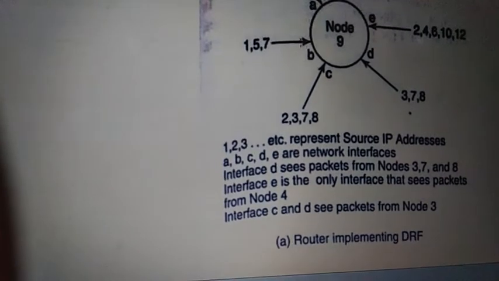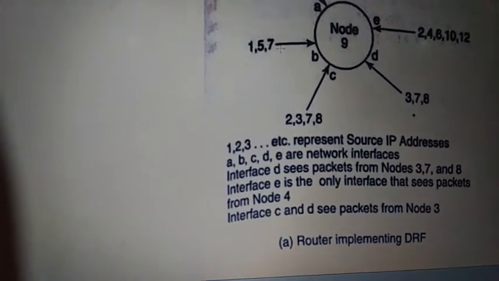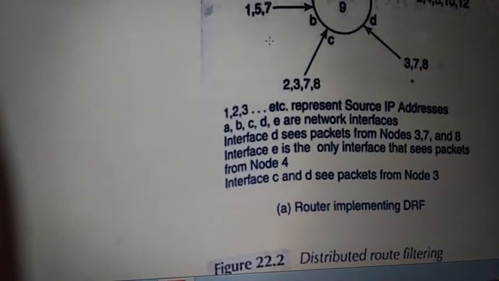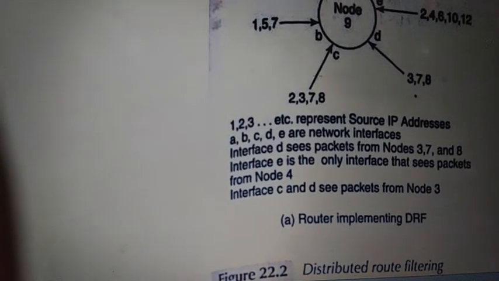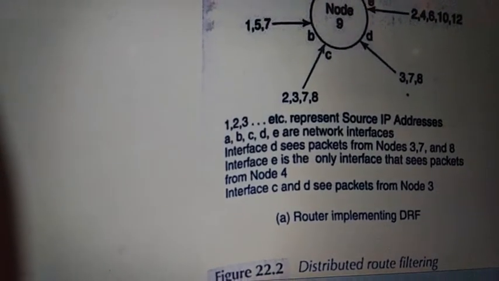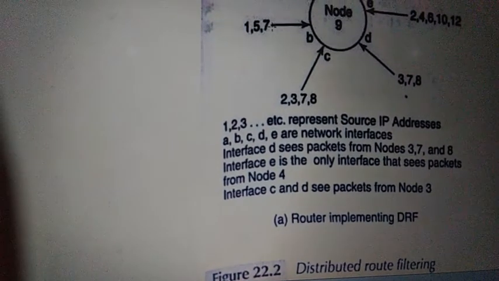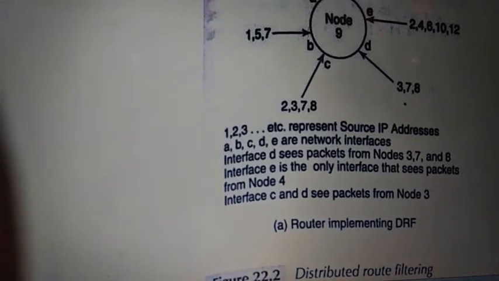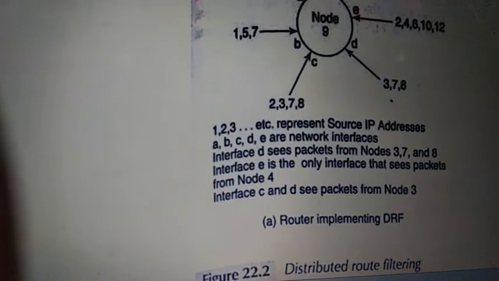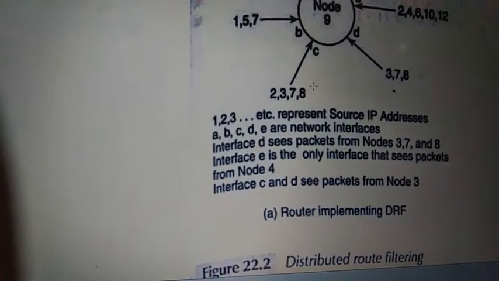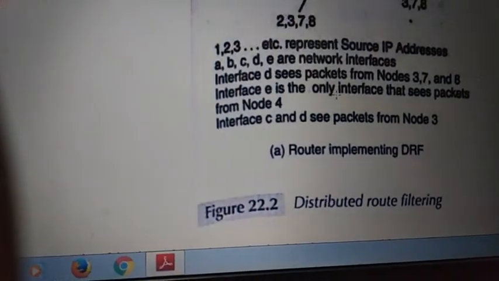For example, for these particular points B, C, D, E, A, packets come with IP addresses from these different nodes, like B, C, D. If an address is already accepted from one host, it should not be accepted at any other node, because it may be a spoofed IP address. That is how egress filtering works.